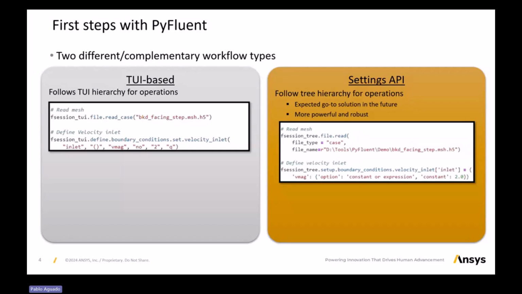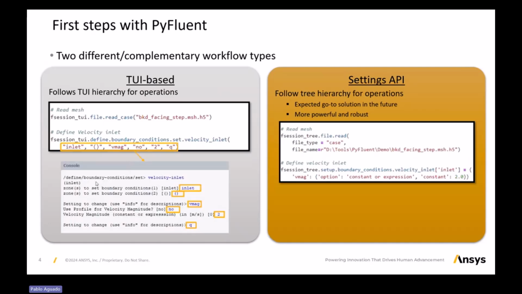One is the TUI based. What TUI based mimics is the text user interface set of commands that you would provide to a journal. So for example, if you are defining a boundary condition, a velocity inlet, in journaling you will navigate through define, boundary condition, set, and then velocity inlet, and you will start providing feedback to all the prompts that appear there and ask you for input, right?